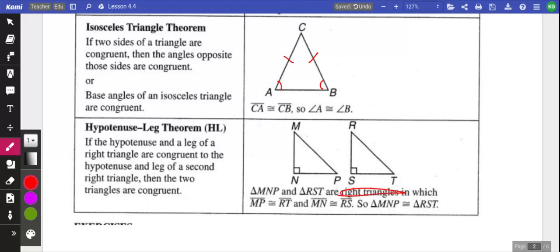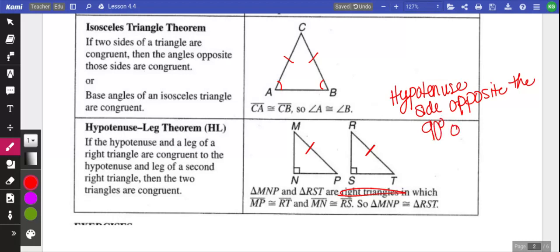So for right triangles, if you prove that the hypotenuse, which remember is the side opposite the 90-degree angle in a triangle, of one is equal to the hypotenuse of another, and then you prove that one of the legs, so either you could do MN and RS, or you could do NP and ST. So in right triangles, because they've already given us an angle, we only basically have to prove side-side. And it has to be, though, specifically hypotenuse and one of the sides.